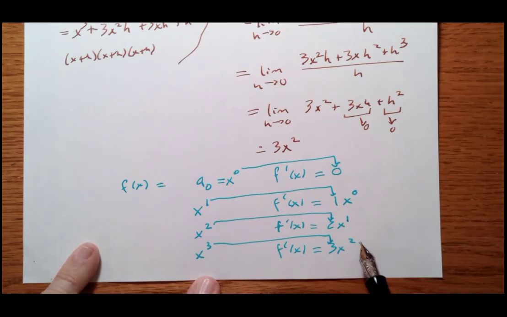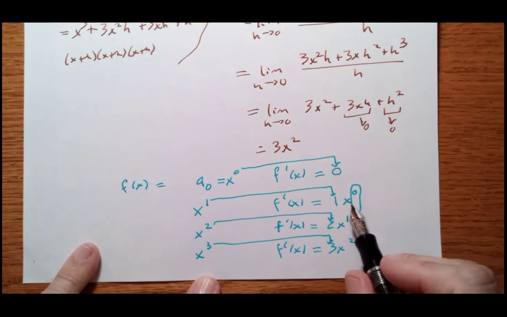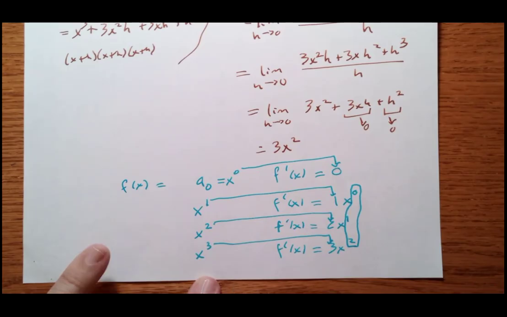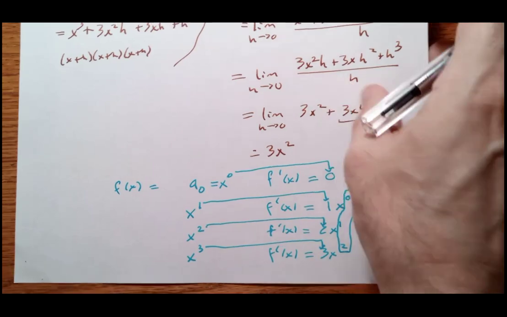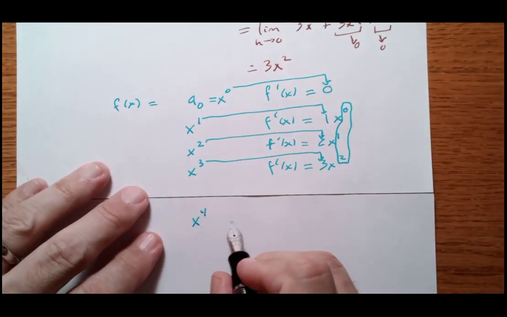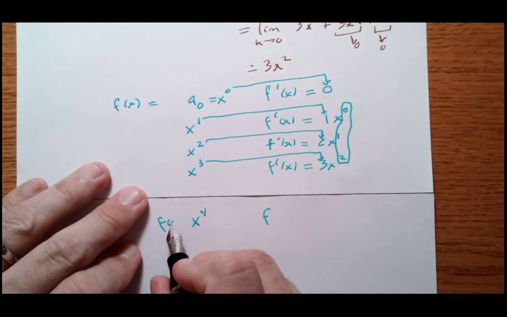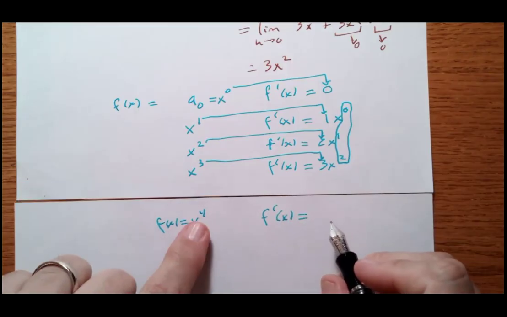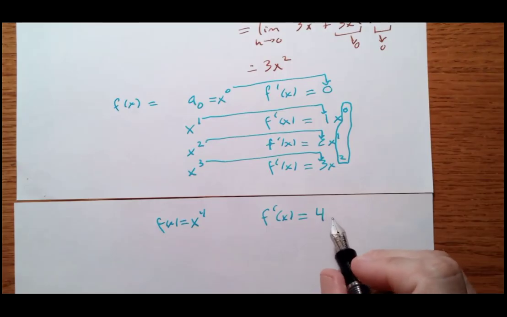These powers are all one less than these powers over here. I have a sneaking suspicion that if I were to do x to the fourth, then my derivative, the 4 should come down, and my power should go down.